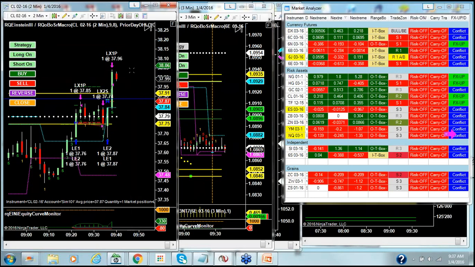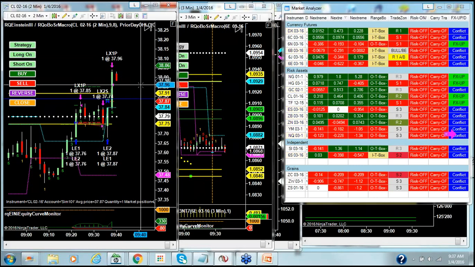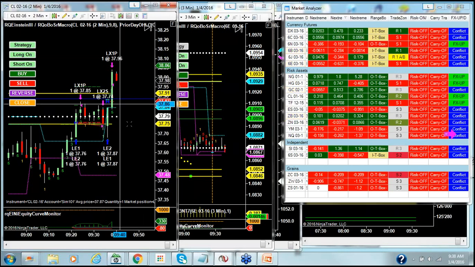You can see the volatility in crude is not for the lighthearted. Let's see if it can come right back up. You see the stop loss now moved to 37.87.